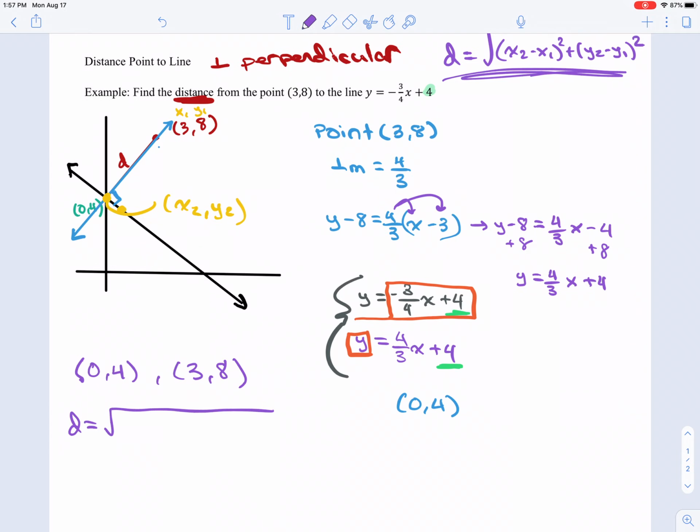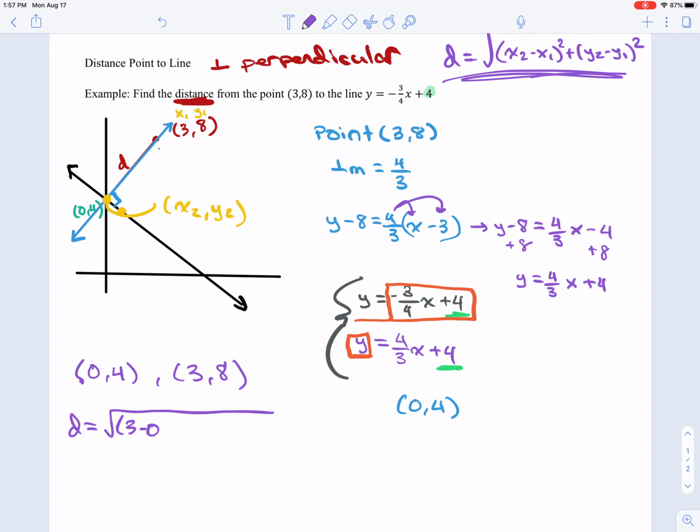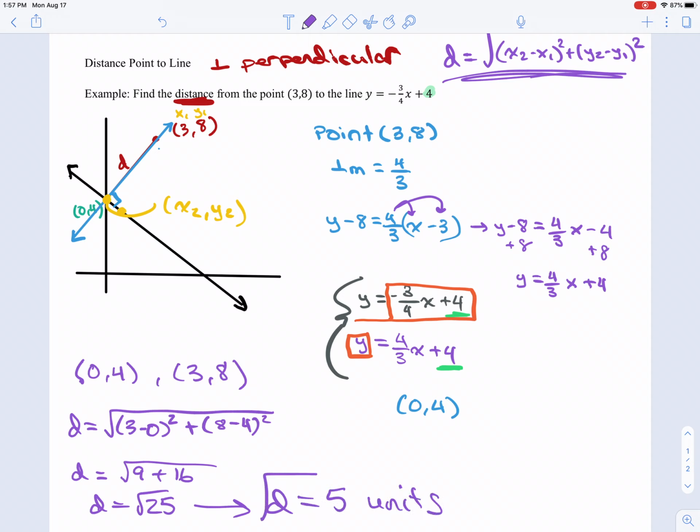So 3 minus 0 squared plus 8 minus 4 squared. It's pretty forgiving. The order does not matter. So 3 squared is 9. 8 minus 4 is 4. 4 squared is 16. And the square root of 25 is 5. So let's put units.